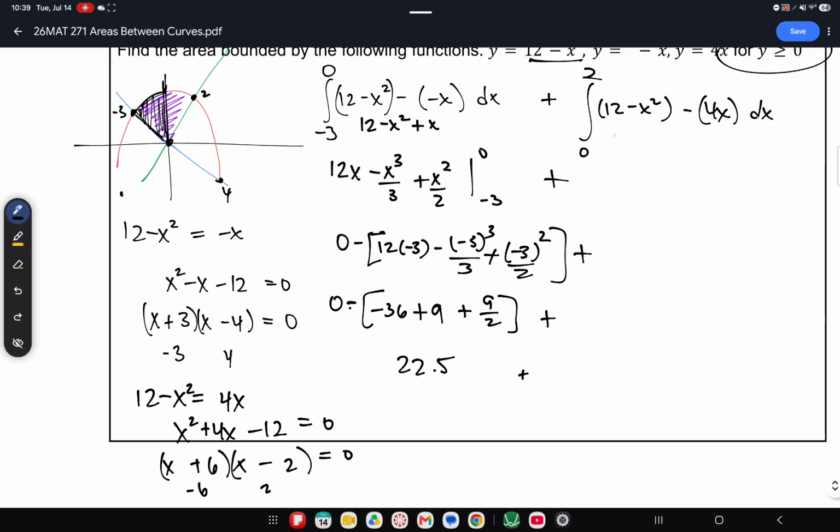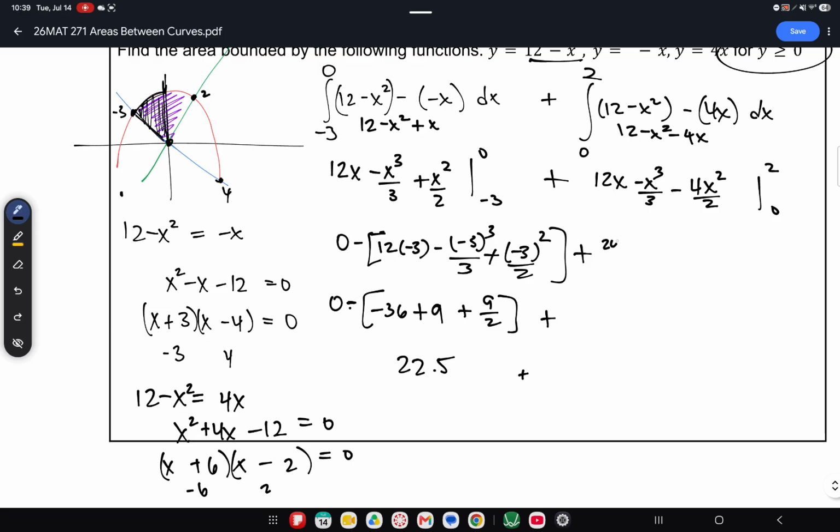So that's going to give 12 minus x squared minus 4x. So that's going to give us 12x minus x cubed over 3 minus 4x squared over 2, evaluated from 0 to 2. So I'm going to have 12 times 2 minus, and I'm just going to go ahead and get these numbers.